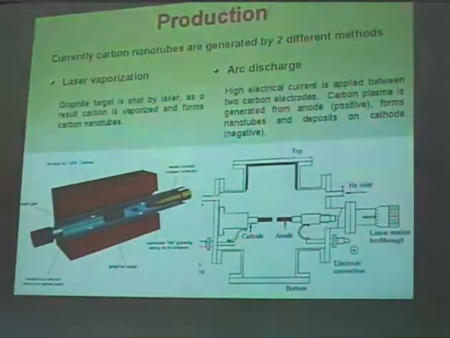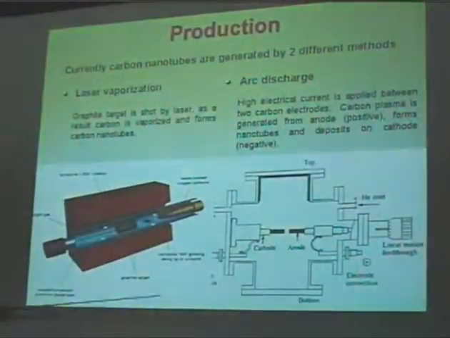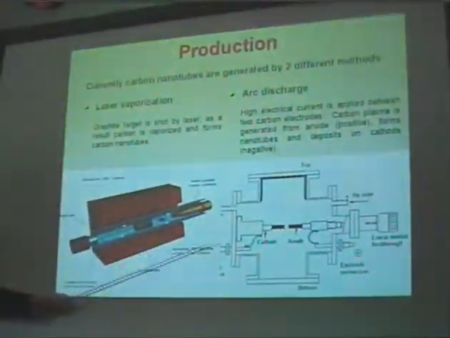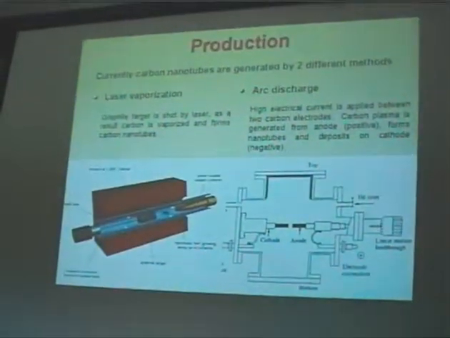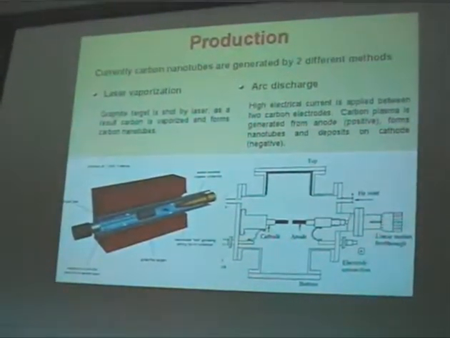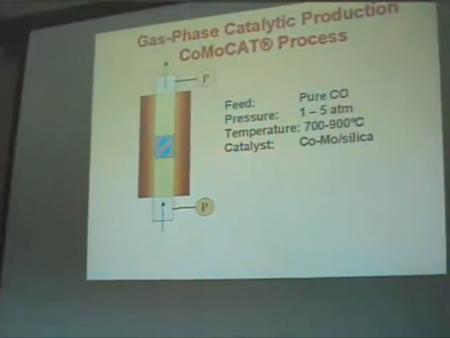The two methods people have used most frequently are arc discharge and laser ablation, which result in single-wall nanotubes of very high quality. However, the yields are really low. I have this one here.